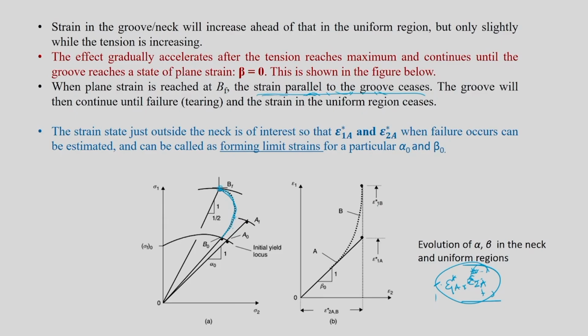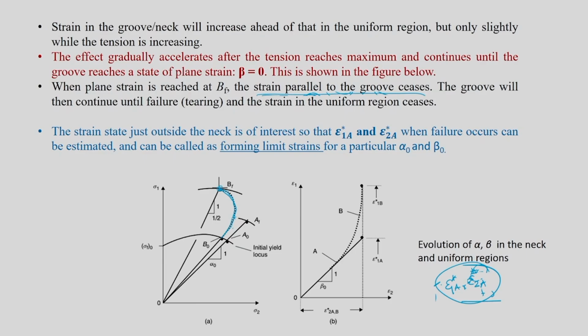Because strain is large for a common time, the strain rate also would be larger in the neck region as compared to A. Maybe like 4 times, 8 times, 10 times larger than in A. So this can be used as a measure for localized necking.